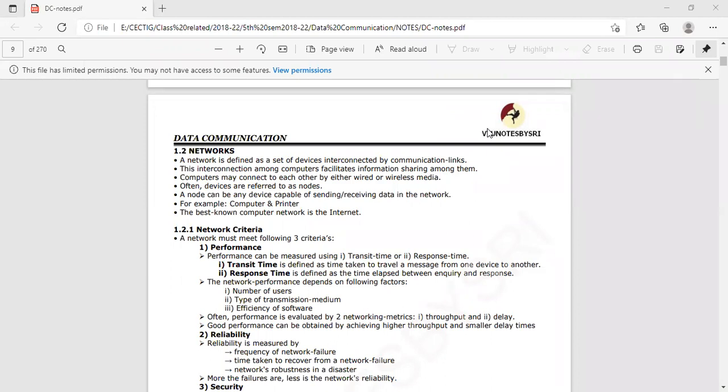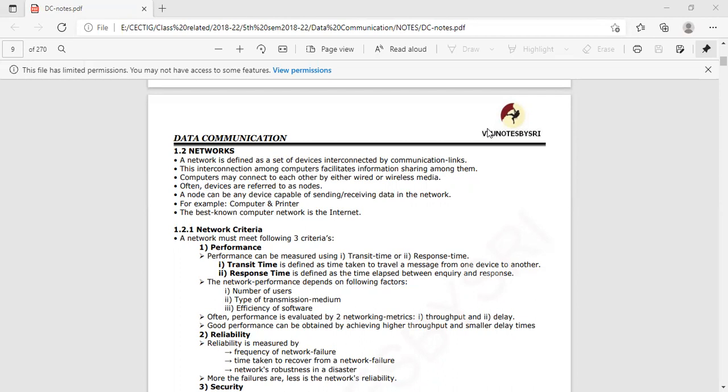The criteria depend on three things: first the performance, second the reliability, third the security. If a network satisfies all three criteria, then we can consider it a very good network.